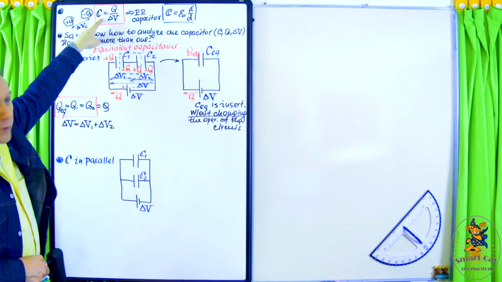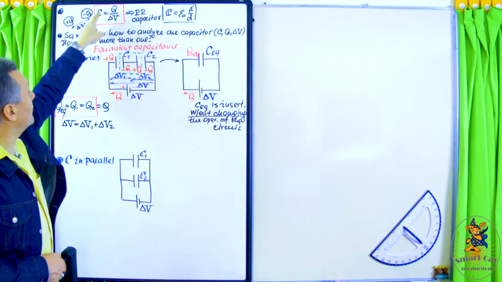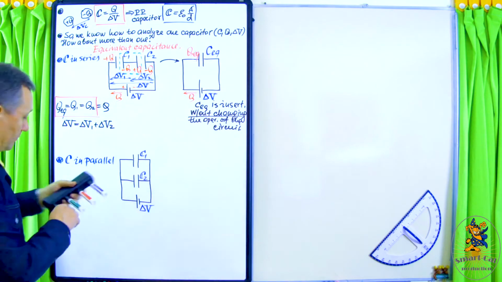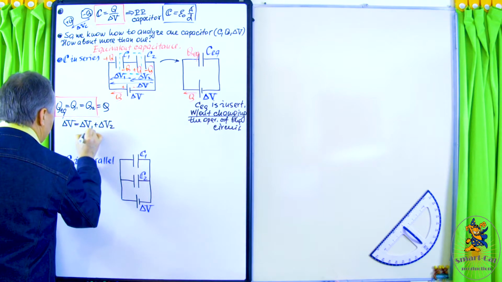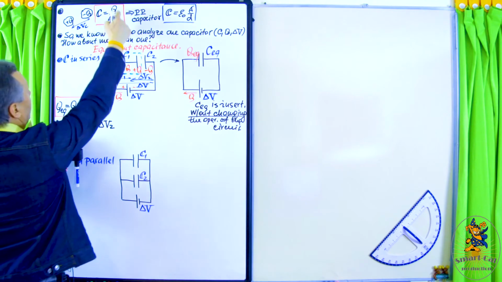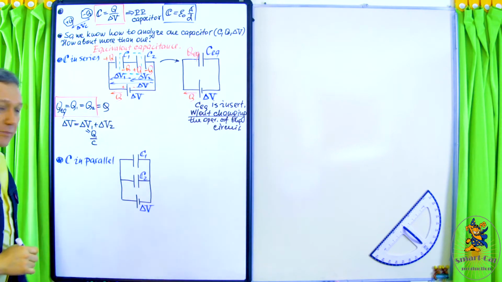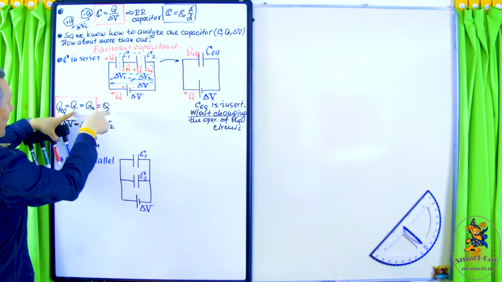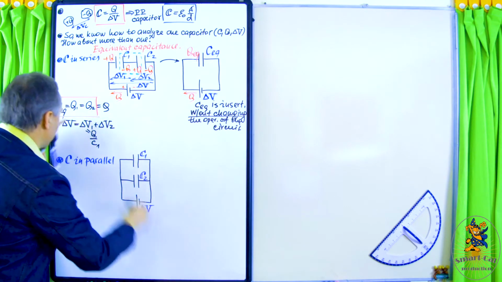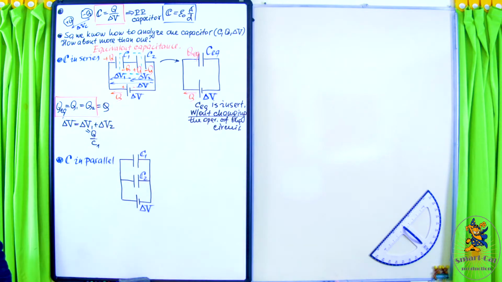So let's use the formula for C. C equals Q over delta V, or delta V equals Q divided by C. Okay, so I can write that delta V1 equals what? Q1 divided by C1, right? But Q1 is equal to Q. So as a result, let me remove this subscript 1. It will be just Q divided by C1.